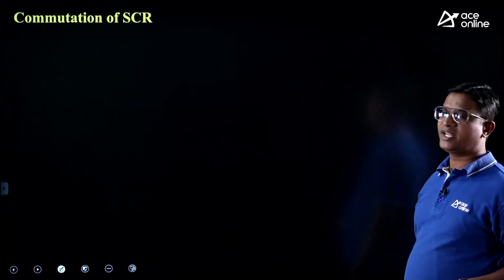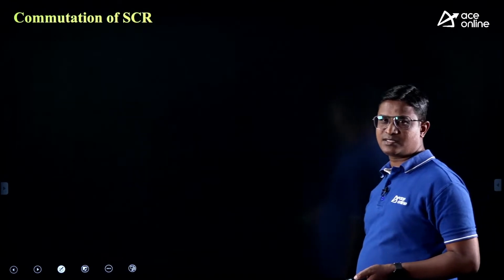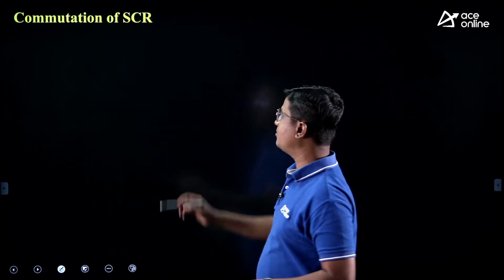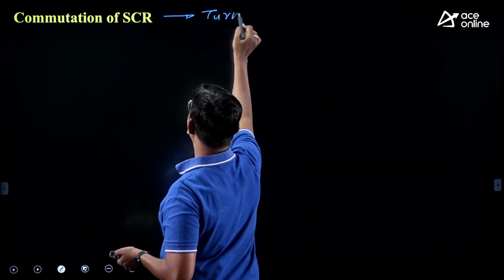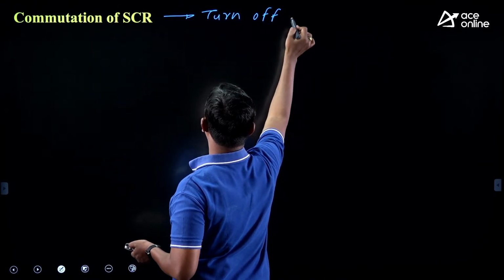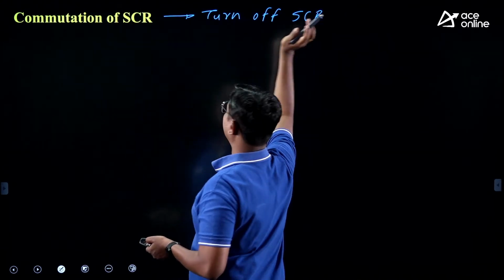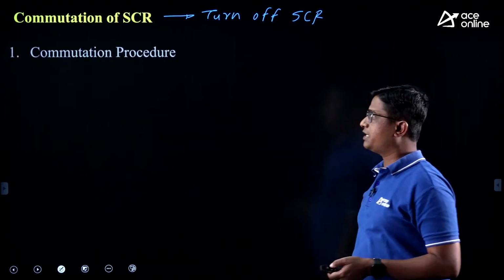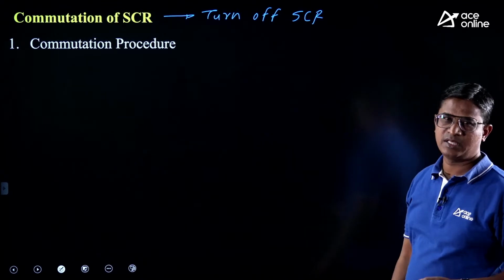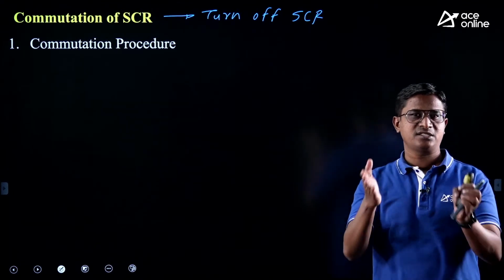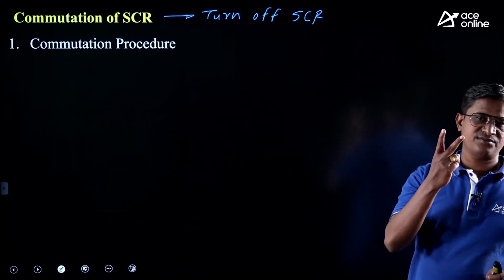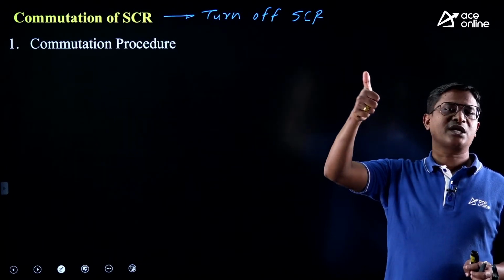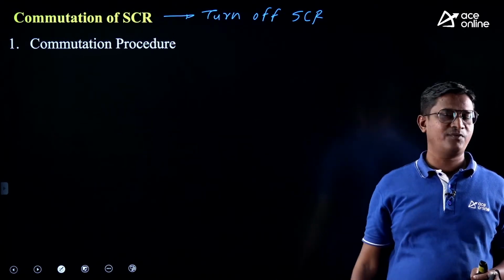Next, commutation of SCR. Commutation means turning off of an SCR. How to turn off the SCR? That is the commutation procedure. Suppose your SCR is in conduction mode and you want to turn it off; we have two requirements. First, we need to reduce the current flow through the SCR below the holding current value.